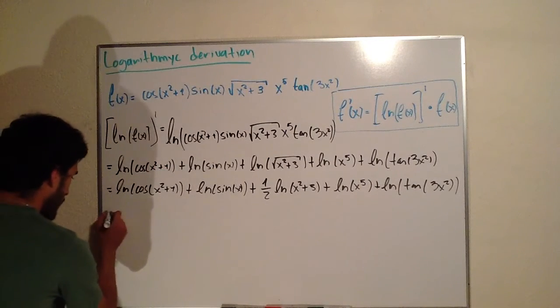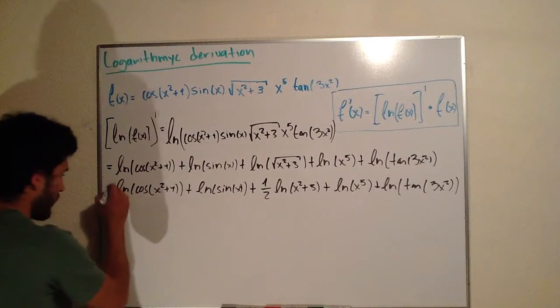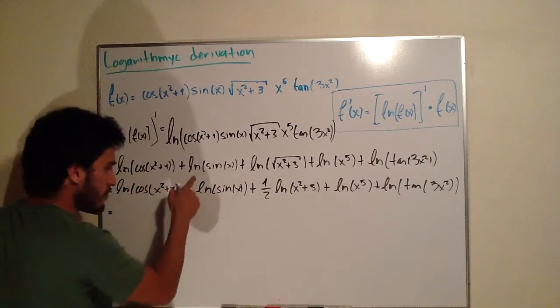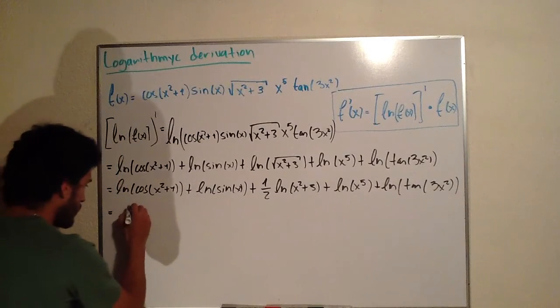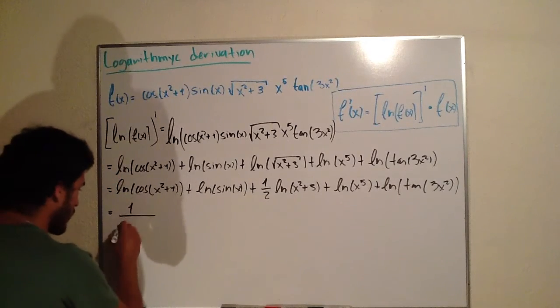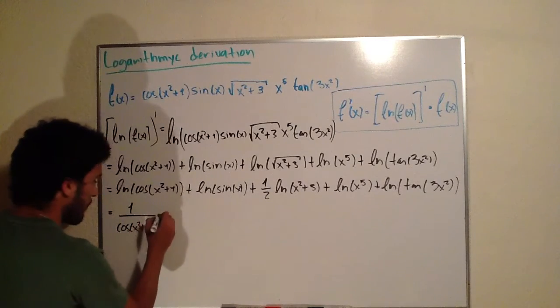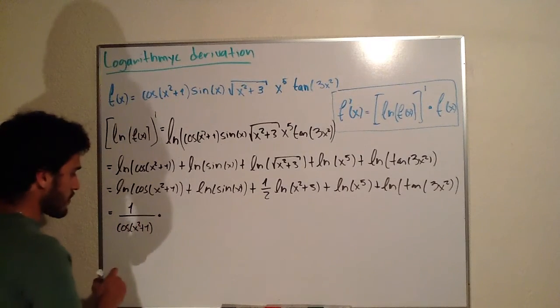That will be, in this case, let's remember that we have a 1 in here. You don't put it, but you know that it's a 1 in here. So we put 1 divided by cosine of x squared plus 1 multiplied by the derivative of this whole function.